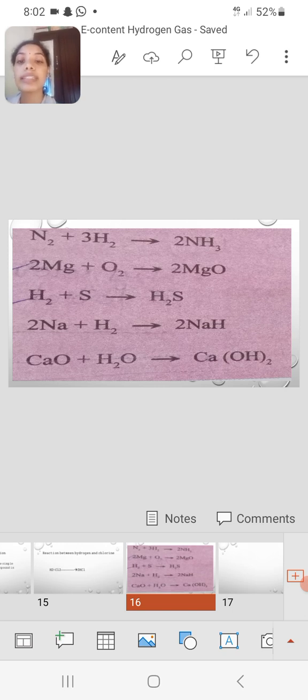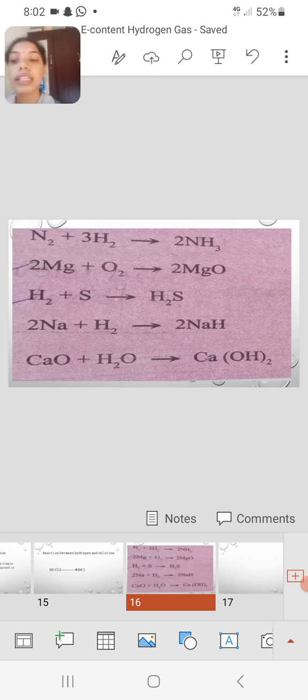H2 plus S gives H2S, which means hydrogen sulfide. 2Na plus H2 gives 2NaH. NaH means sodium hydride. CaO plus H2O gives Ca(OH)2. Ca(OH)2 means calcium hydroxide.